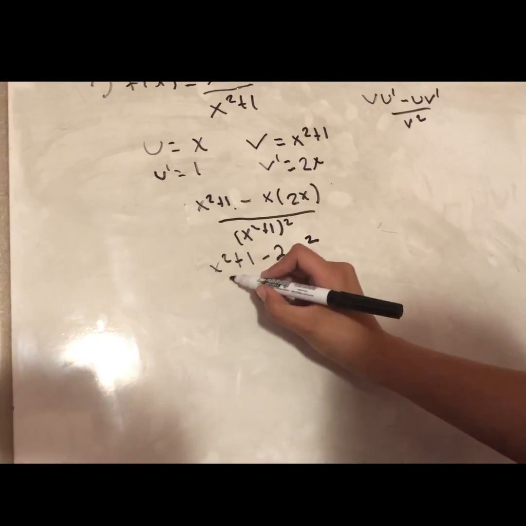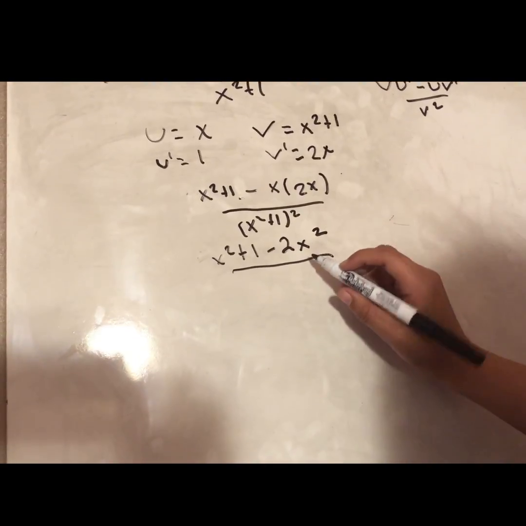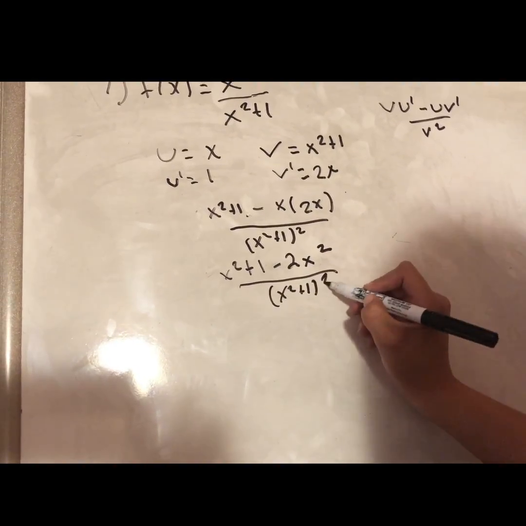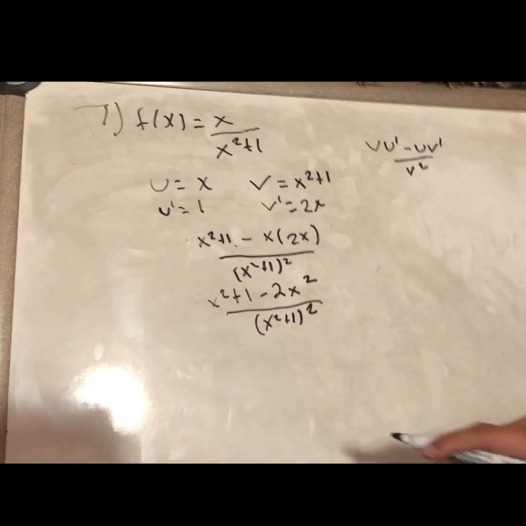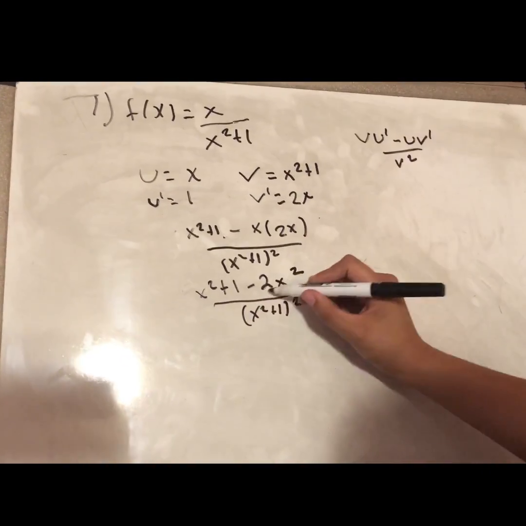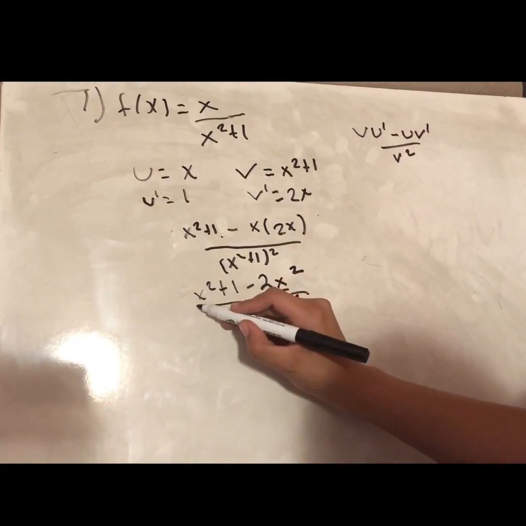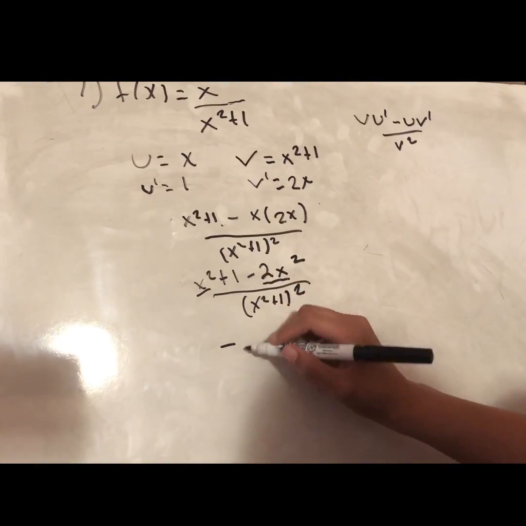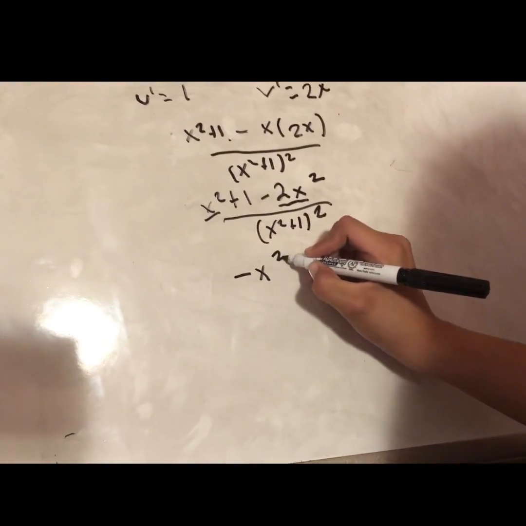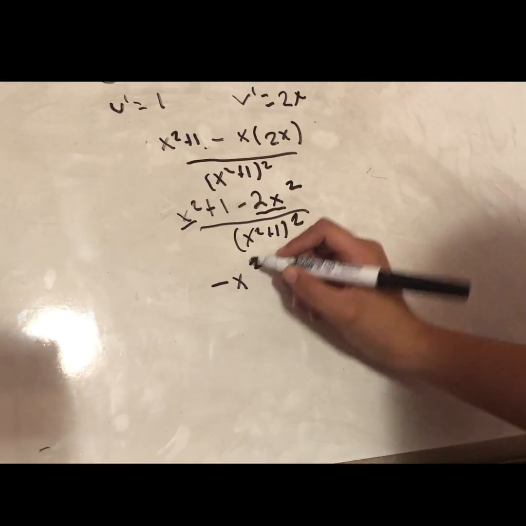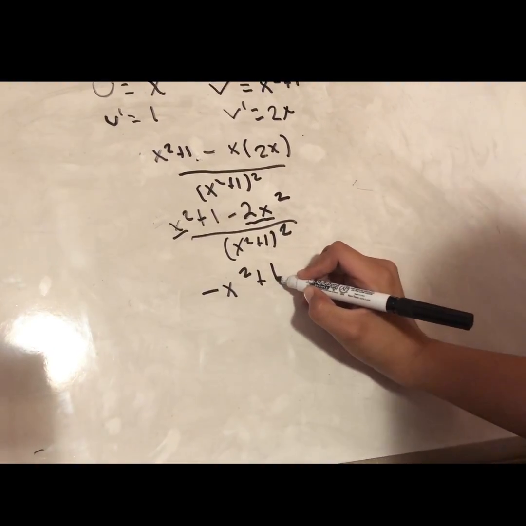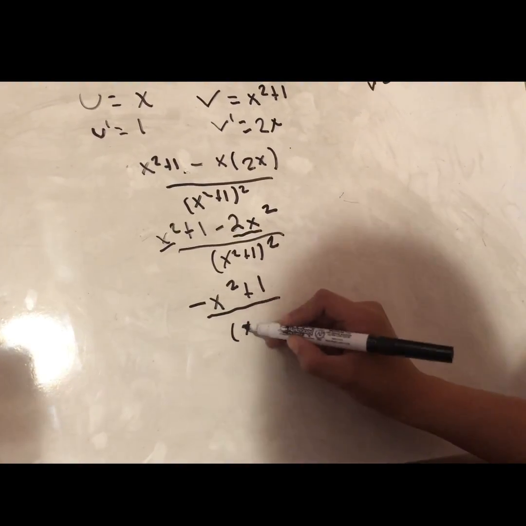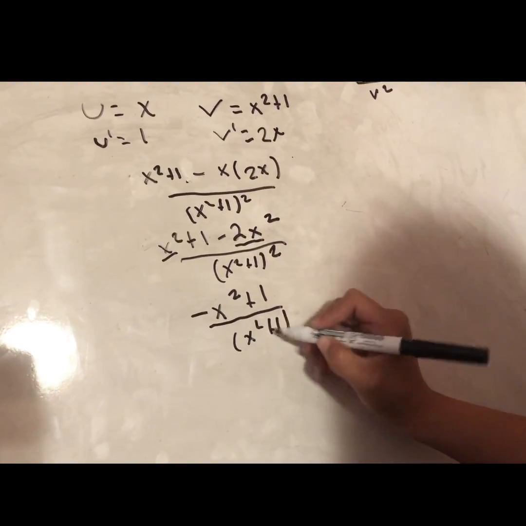squared all over x squared plus 1 squared. So now you're gonna combine your like terms, which is negative 2x squared and x squared, and since it's negative, you keep the sign of the bigger value, so it will be negative x squared plus 1 over x squared plus 1 squared.